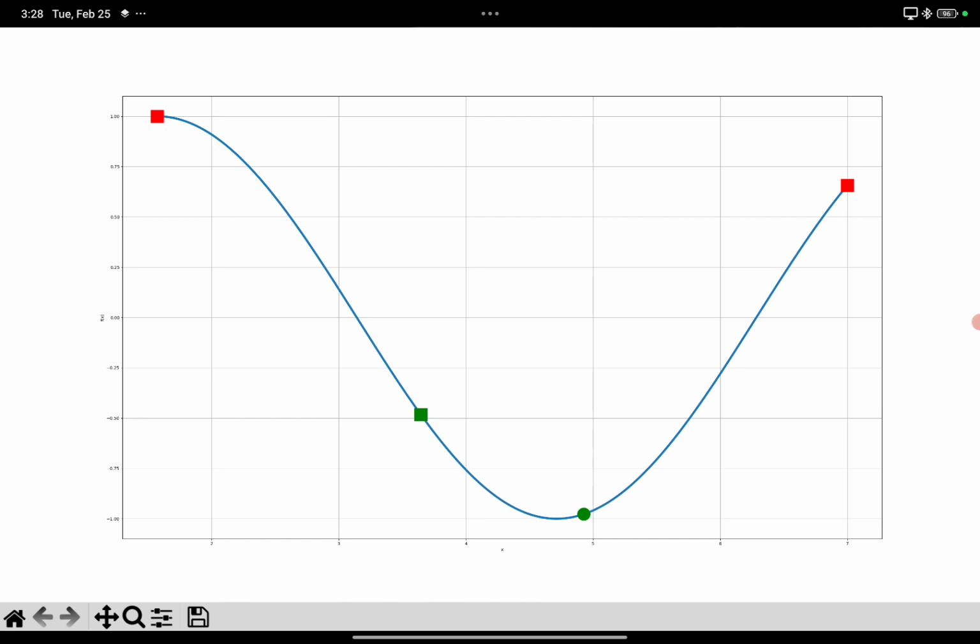Suppose I started out with this particular function, which is just sin x from pi by 2 to something a little over 2 pi.